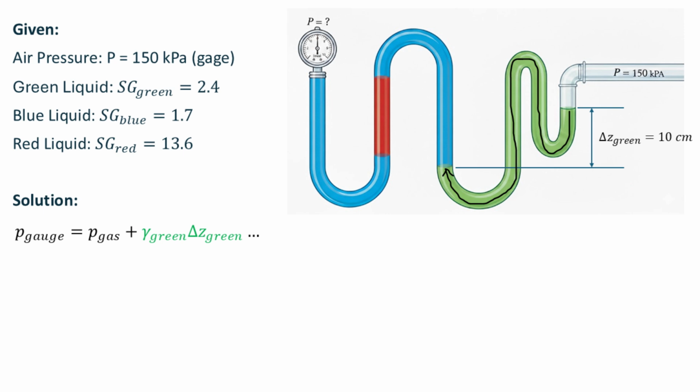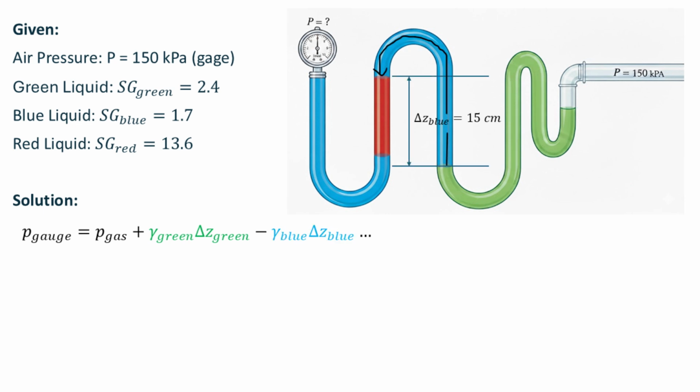Our first part of the journey ends at the interface between the green fluid and the blue fluid. Compared to the starting point of this part of the journey, we went down in elevation by 10 centimeters. So as we said, we will add some pressure here, and therefore plus is used here.